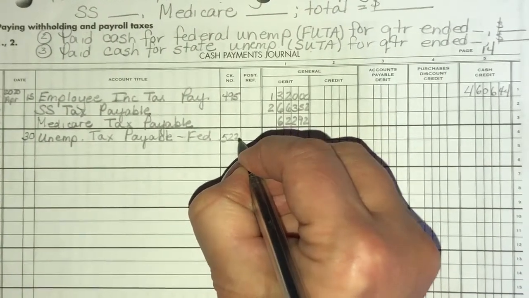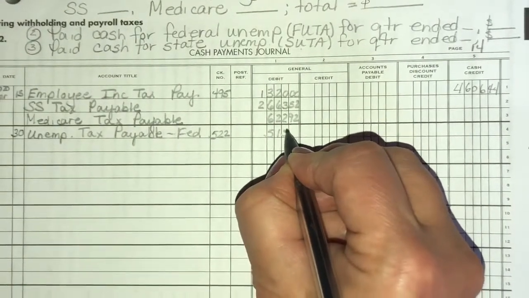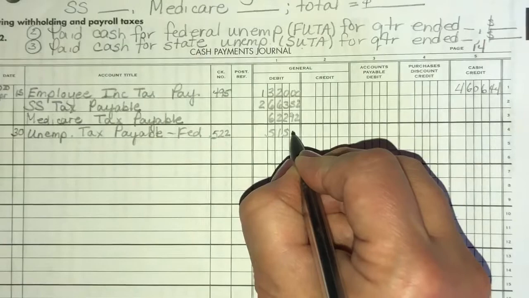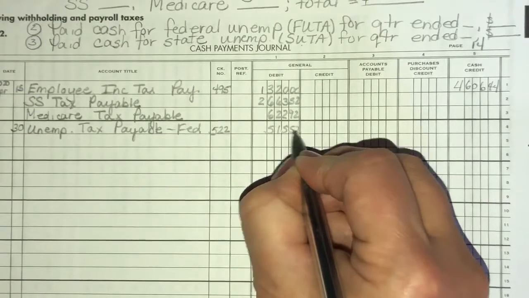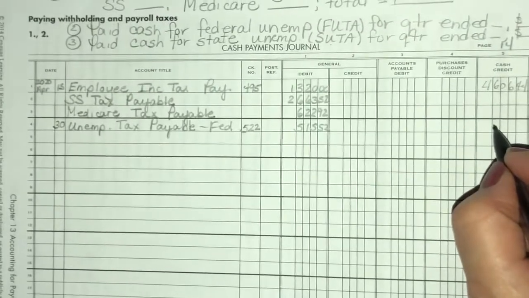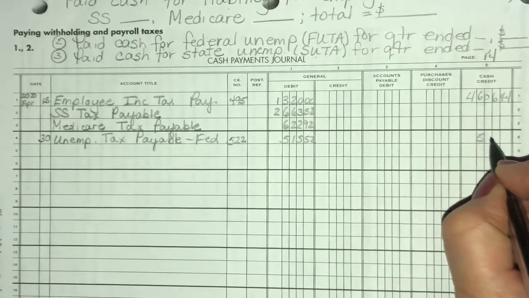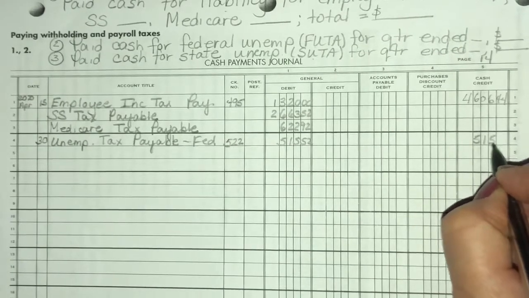They gave us the amount, $515.52 as a debit. So remember, in the cash payments journal, the cash credit column always needs to have an amount in it. So $515.52.